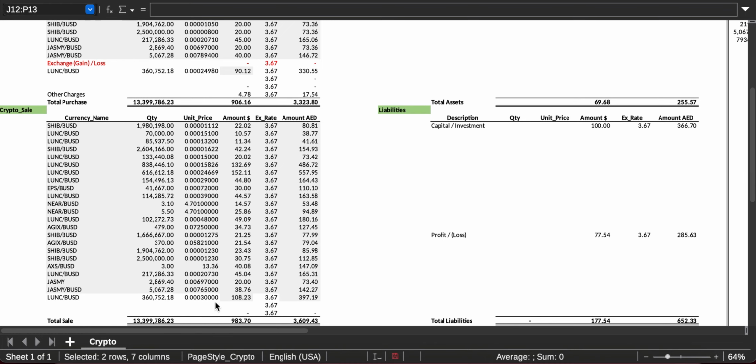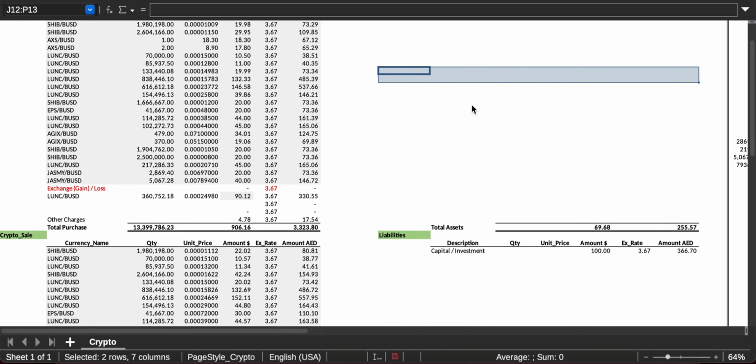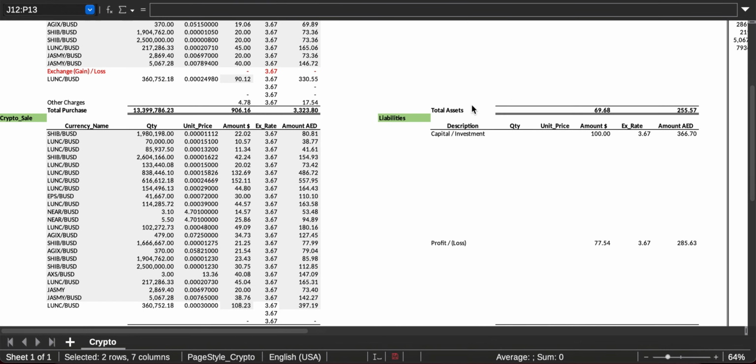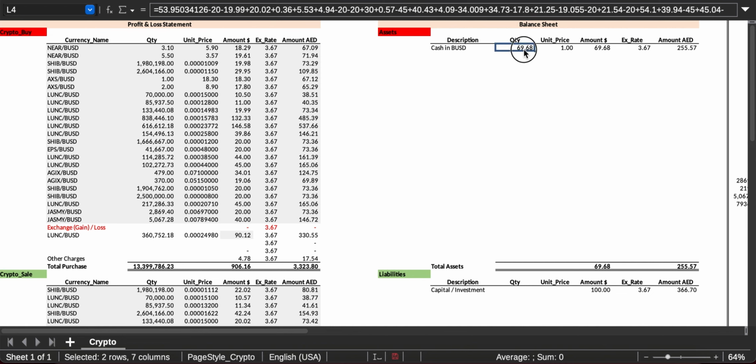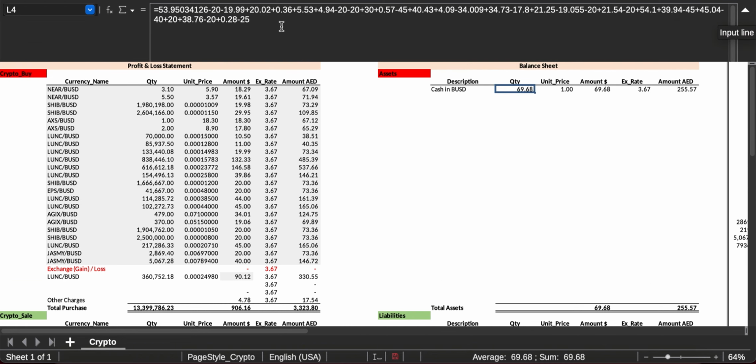See how many dollars we get. We get $108.23 when we sell this crypto. So we will add it here, plus 108.23.